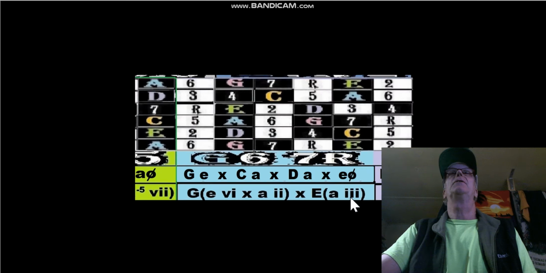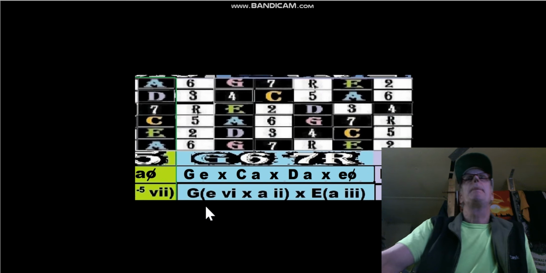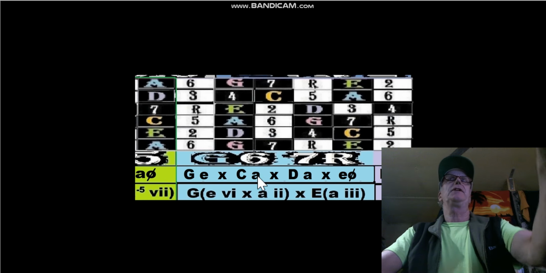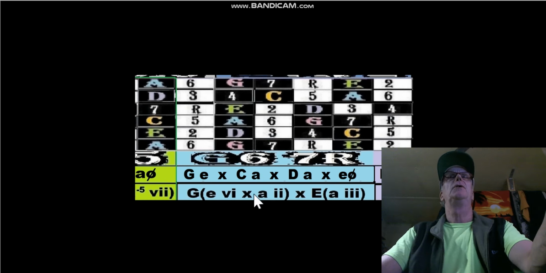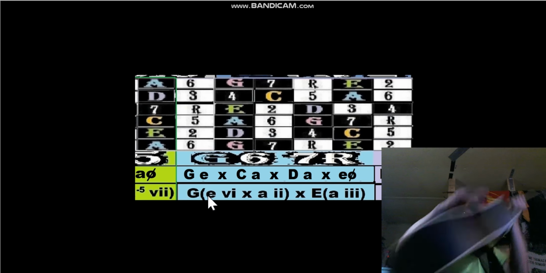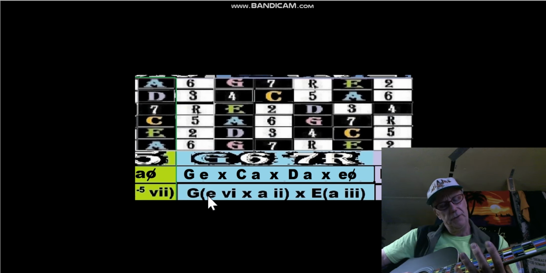Now I check it. We've got to check it. So in the G box, we're starting on 6. It's our Aeolian box. In its relative, okay, the box would play like this.